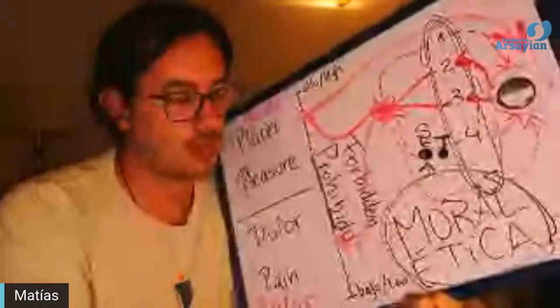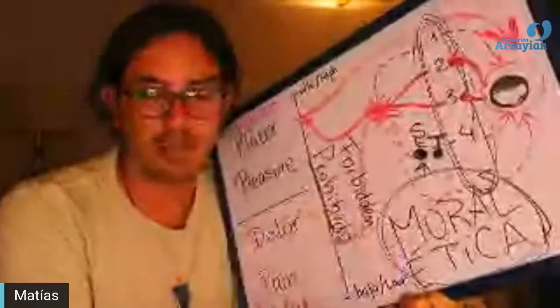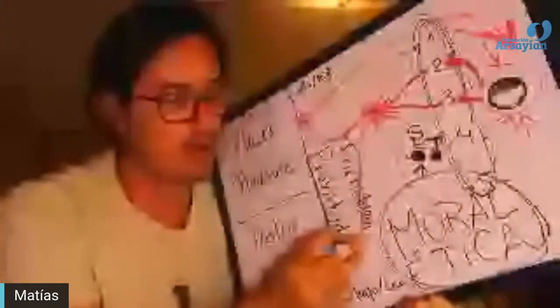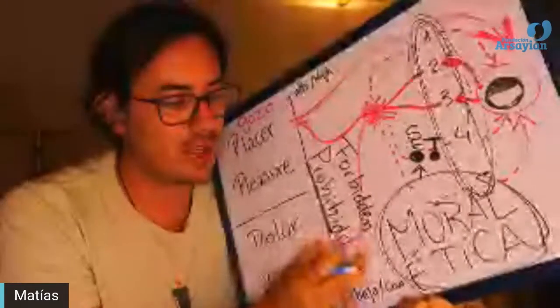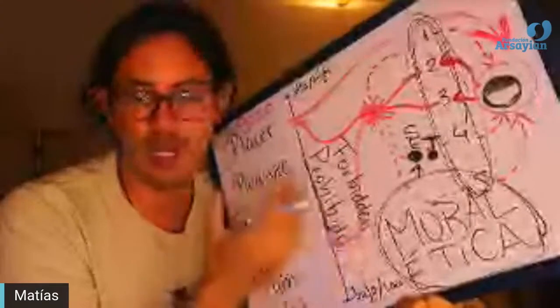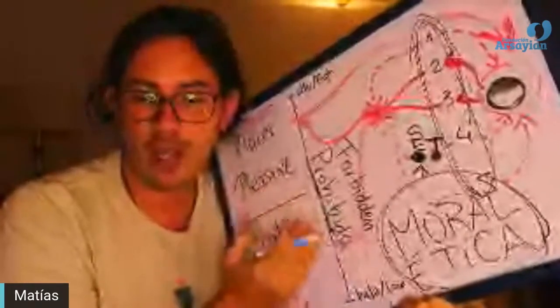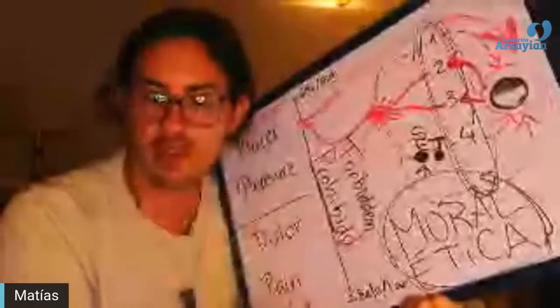Besides morality changing through time, all the things that we have been banned from, that we are not able to do, got into the unconscious. And this unconscious is inherited through time, through every generation.